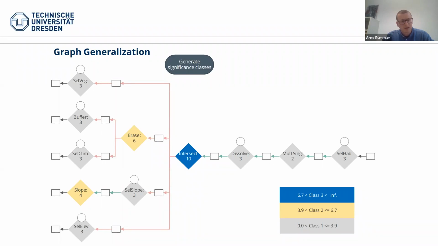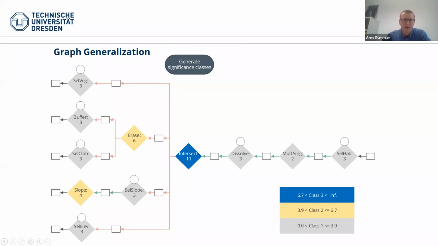To start our generalization, we now look at the distribution of significance values and build classes from this distribution. To build those classes, we use the head-tail classification algorithm. If we apply that to this distribution of numbers, we find our class breaks at 3.9 and 6.7.